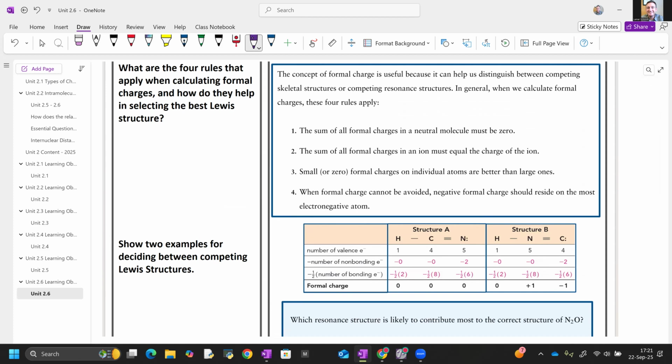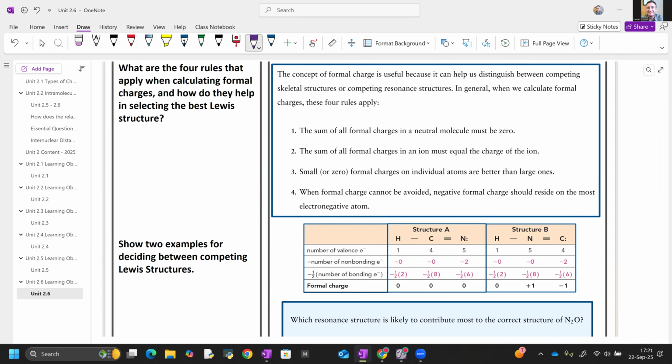So if we look at structure A and structure B, which we just drew, and I have this rewritten with the formal charges calculated, we have to decide which structure is better. Is it structure A or structure B? We look at rule number 3, and it says small or zero formal charges on individual atoms are better than large ones.